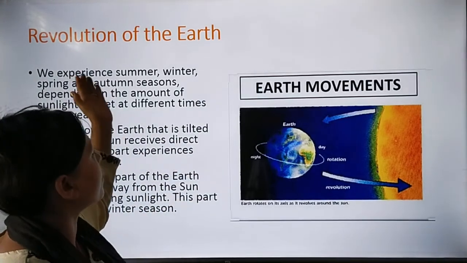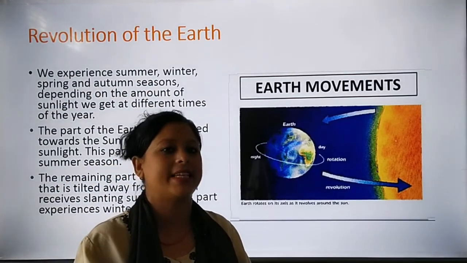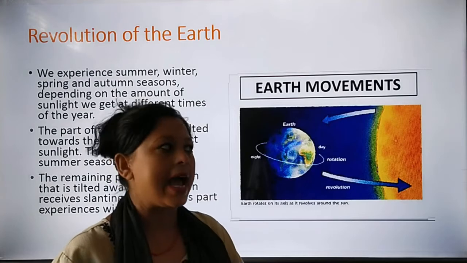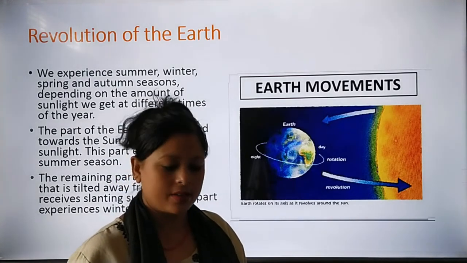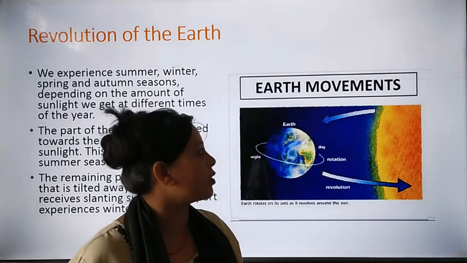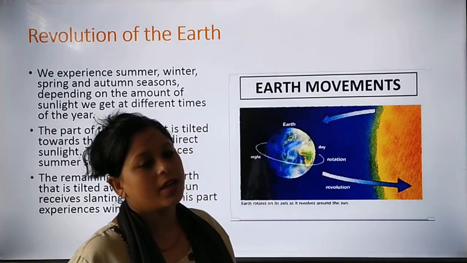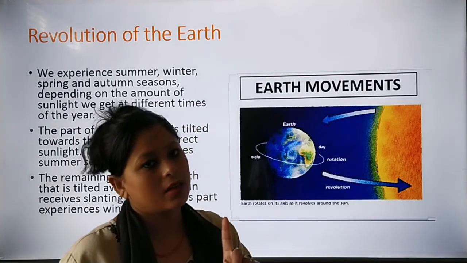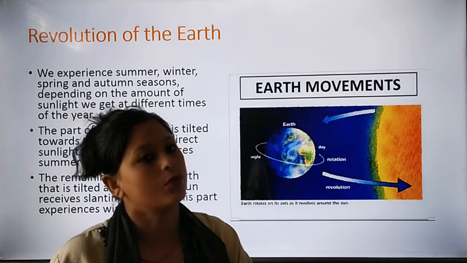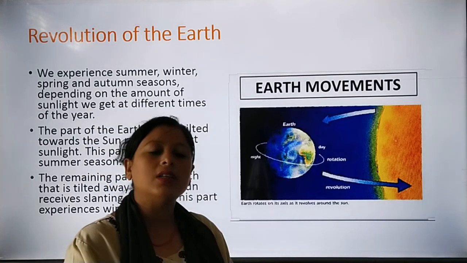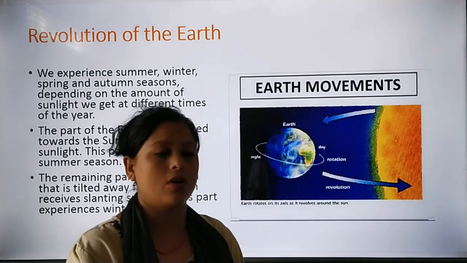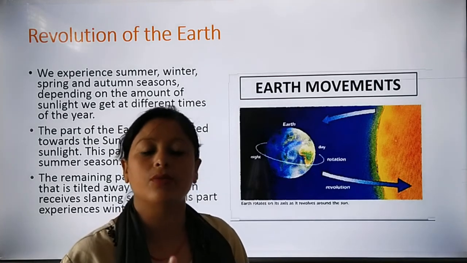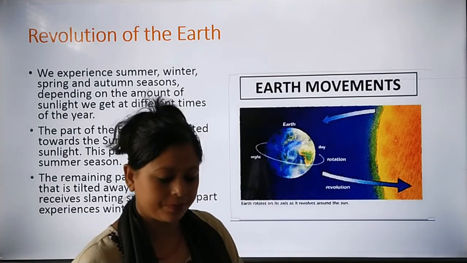Understood? So revolution of the earth causes changes in season, and rotation causes day and night. Rotation takes 24 hours, and revolution takes 365 and 1/4 days, or one year.